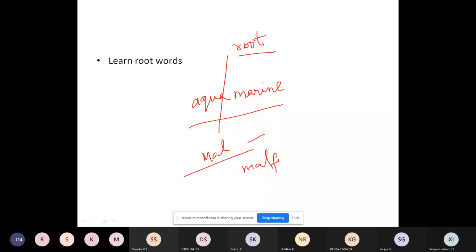Malfunction, malnutrition, malpractice. There are a lot of words in that. If you split them, malnutrition, malfunction, malpractice, you will get the prefix mal. Mal means bad or evil.